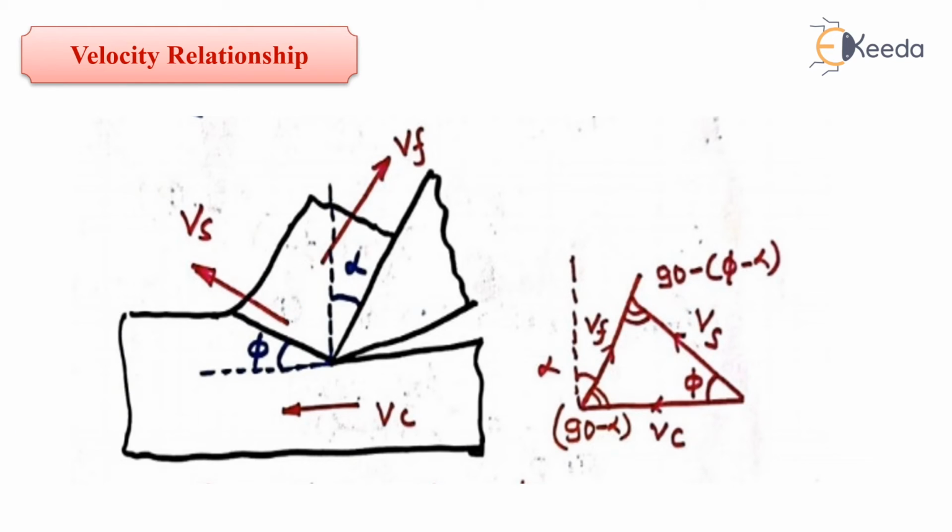Now with this, we can also have the relationship between the three velocities that we already know. Please remember which are the three velocities. The velocity along the cutting, it is cutting velocity Vc. Along the shear plane, the velocity, shear velocity Vs, and chip is flowing with the chip velocity or flow velocity Vf.